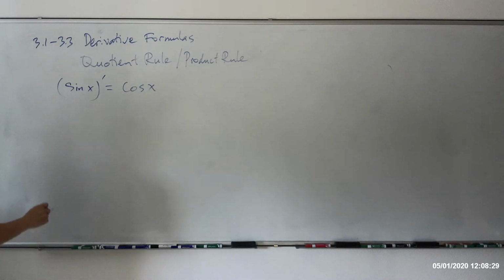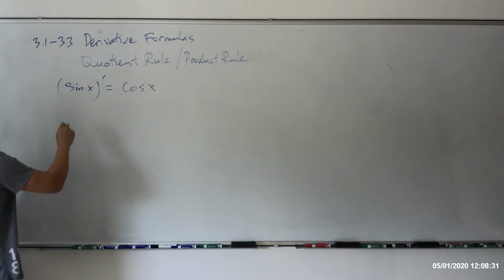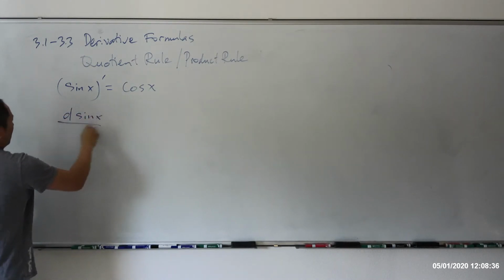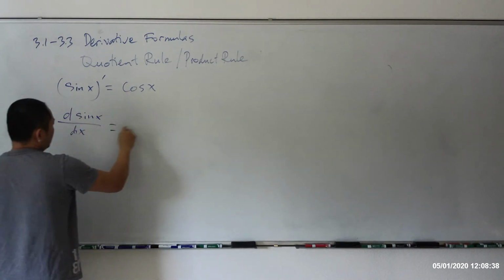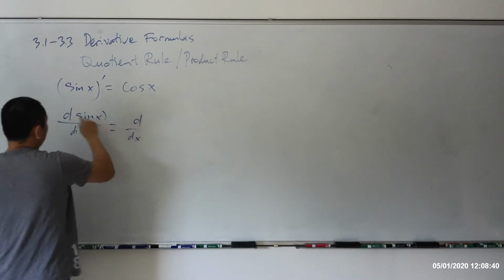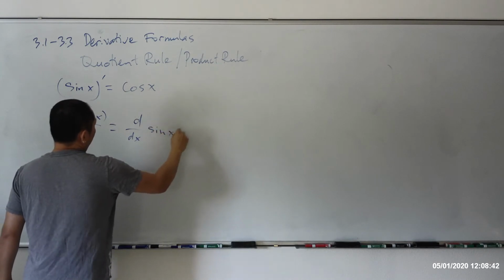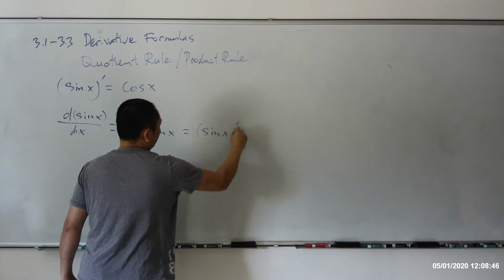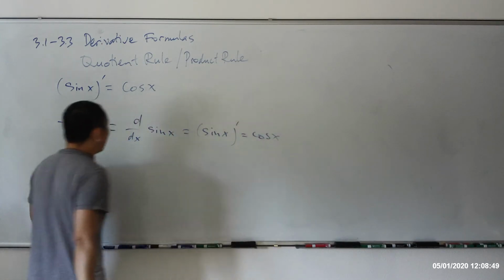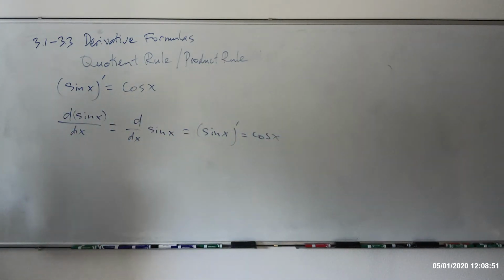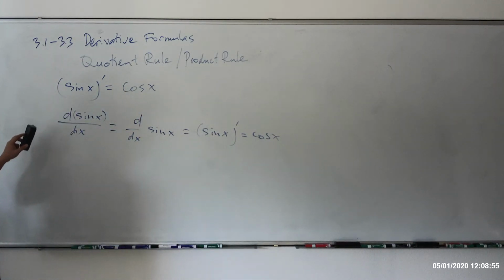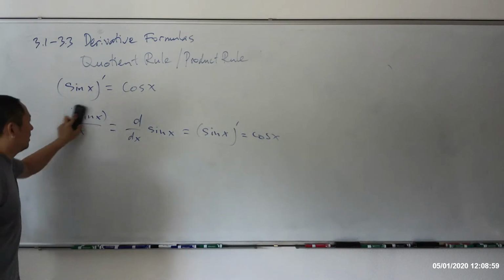If you want to write in terms of Leibniz, you can write d of sine x over dx, or d over dx of sine x, either way, which is the same thing as the derivative of sine x, equal to cosine x. I don't want to waste time writing two ways of the same thing, so I'll just use traditional notation, but you can always bring it back to Leibniz notation whenever you like.